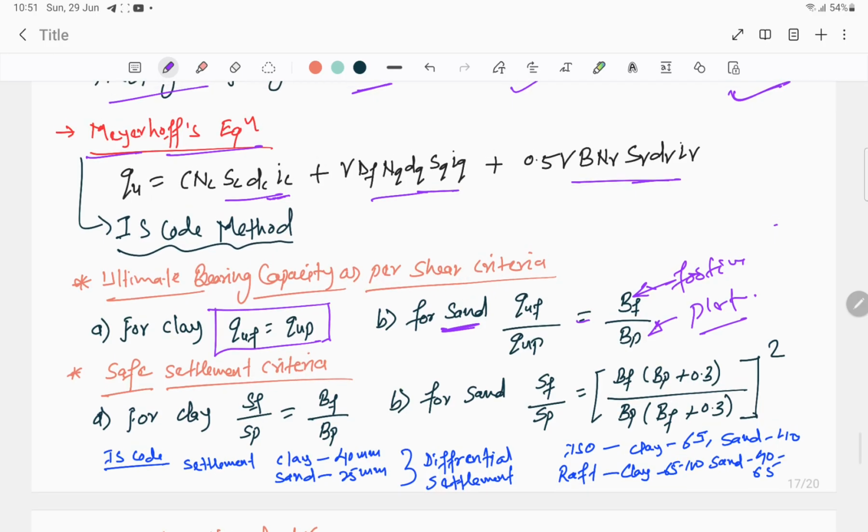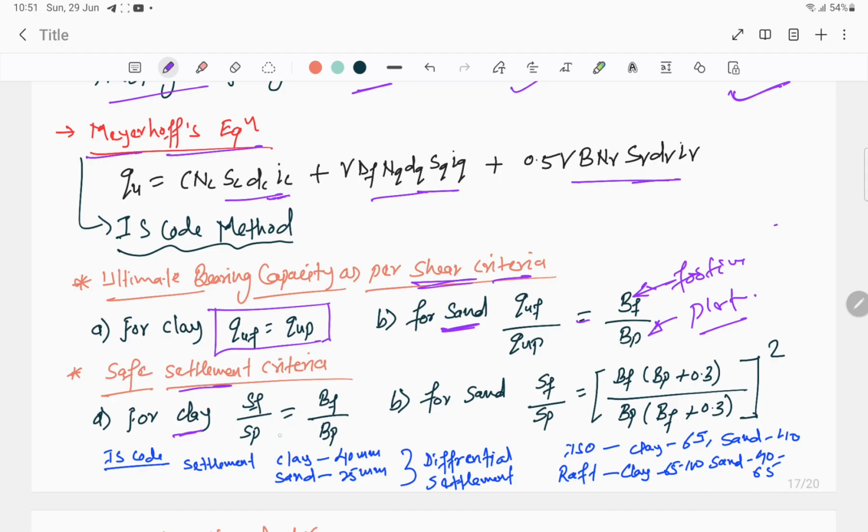And next one is safe settlement criteria, based on settlement criteria. Okay, this is for shear criteria and this is for settlement criteria. So based on settlement criteria, if the soil is clay, then settlement comes into consideration, SF upon SP. Again here the suffix P is used for plate, suffix F is used for foundation.